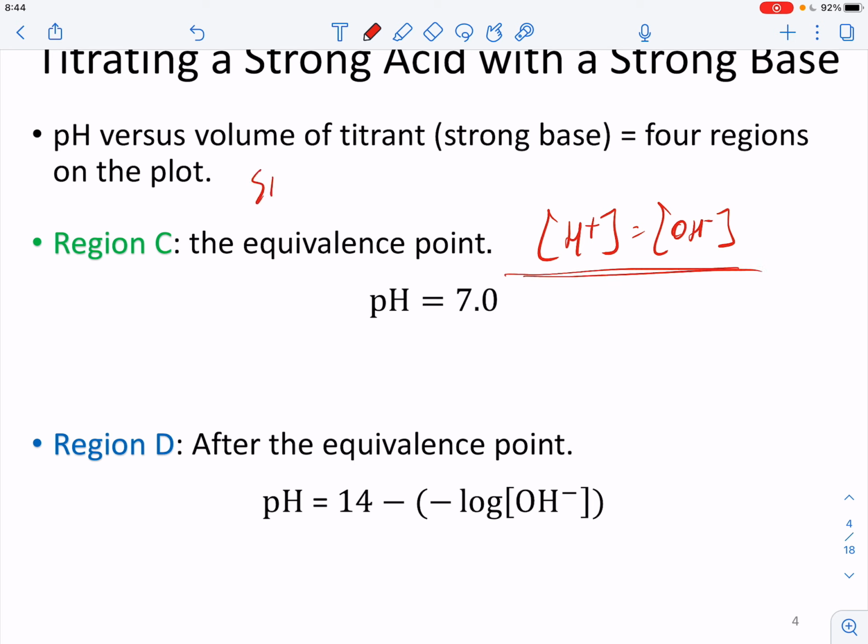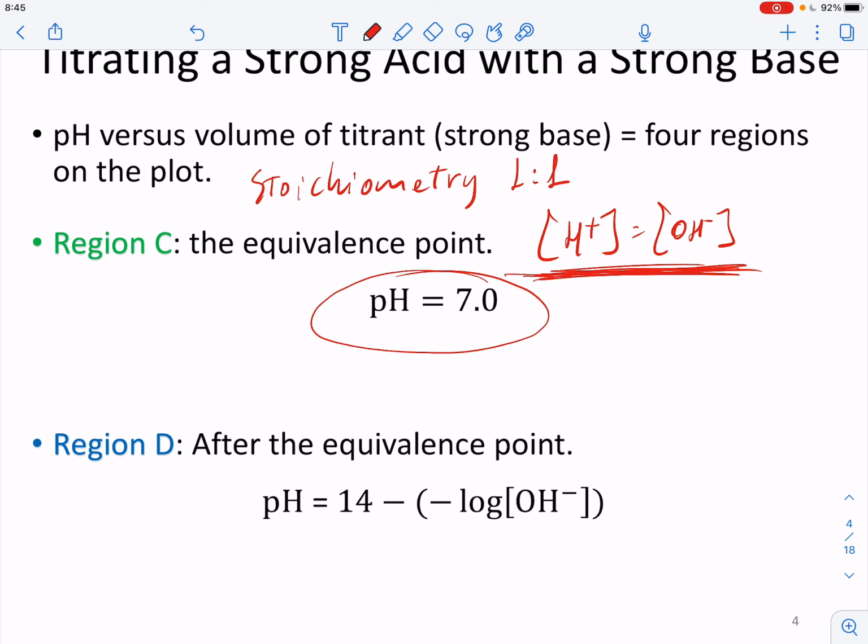And because at this point we are working with a stoichiometry of 1:1, then the concentration of the acid is equal to the concentration of the base, or the number of moles of acid is equal to the number of moles of the base. Therefore, that relationship stands, and the pH at the equivalence point is equal to 7.